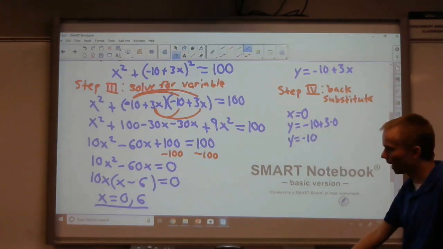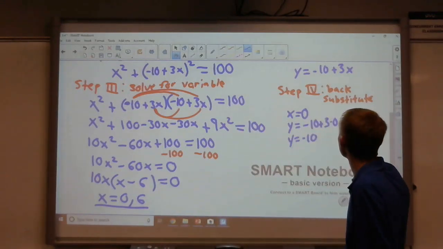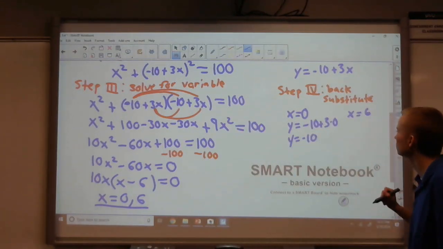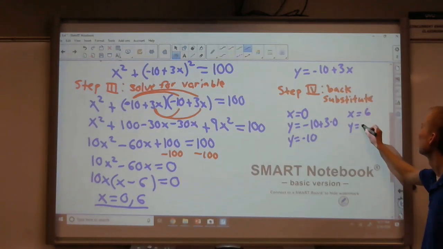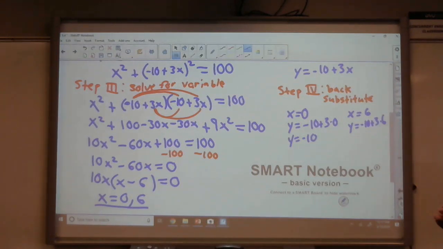When I plug x equals 6 into this equation, I would get y is -10 plus 3 times 6. 3 times 6 is 18. So we get -10 plus 18, y would be 8.